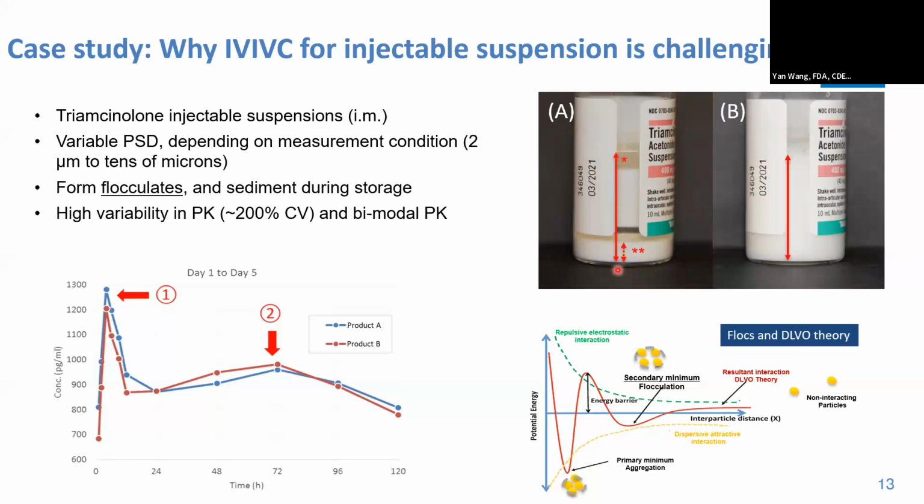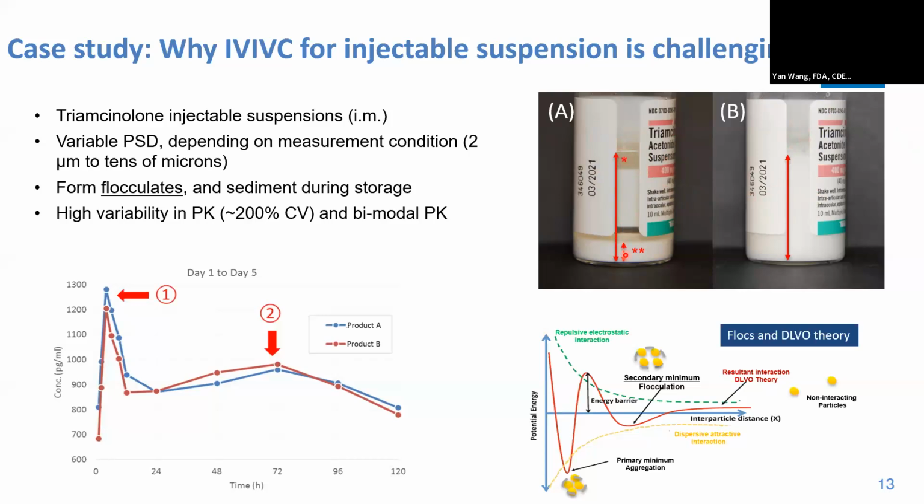You can see the formulation is sedimented, and this part represents the sedimentation volume of the suspension. And this picture B is after redispersion. You can see the sedimentation volume is quite significant.